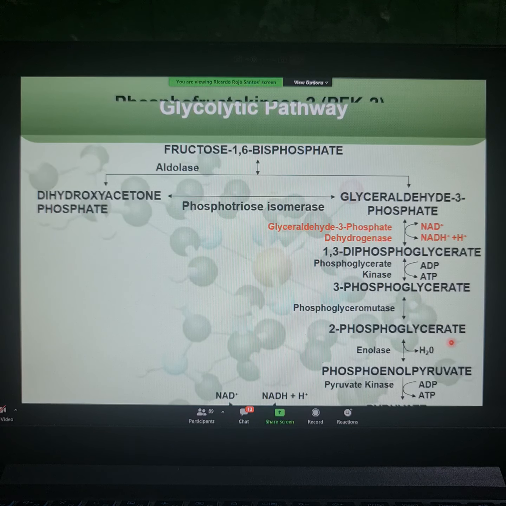Okay, let's continue the energy recovery phase. What happens to glyceraldehyde 3-phosphate? It will undergo dehydrogenation reaction catalyzed by glyceraldehyde 3-phosphate dehydrogenase. You extract electrons from glyceraldehyde, transfer it to oxidized NAD, thereby reducing NAD to NADH. Okay?